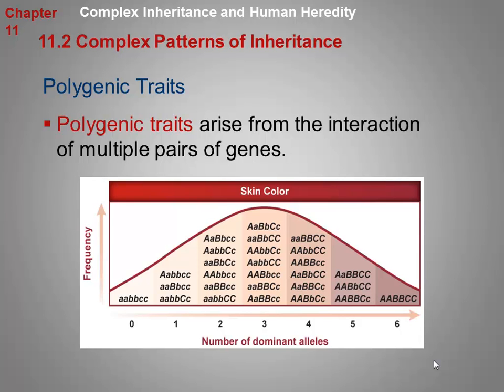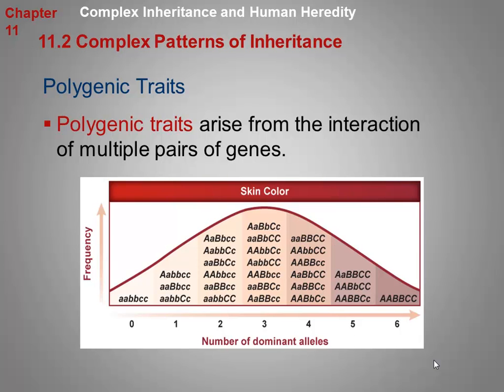Another type is polygenic inheritance. With polygenic inheritance, there are multiple genes that control a certain condition. Like skin color in humans is polygenic.